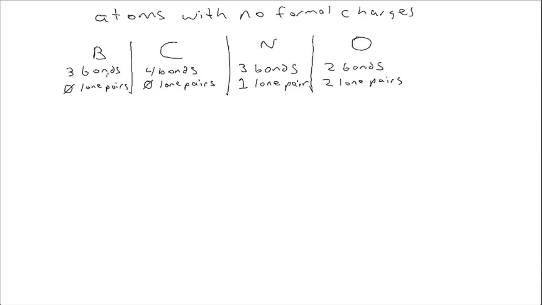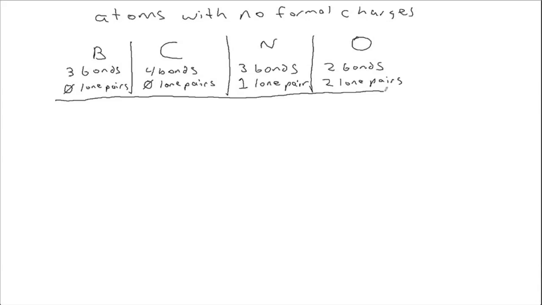That's right. So notice boron has an incomplete octet. Elements that are to the left in the periodic table sometimes can have incomplete octets. Carbon, nitrogen, and oxygen were all able to have complete octets, but boron has an incomplete octet. So that might just be worth memorizing.